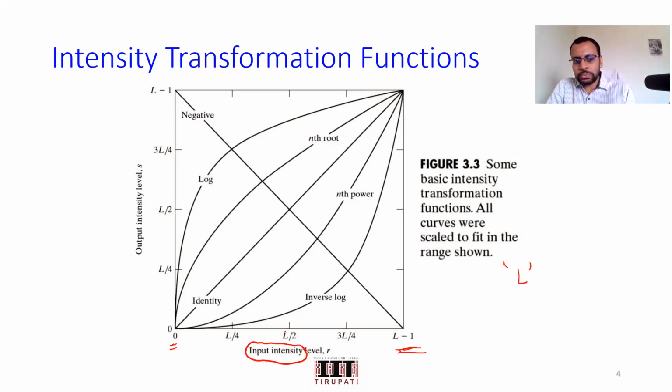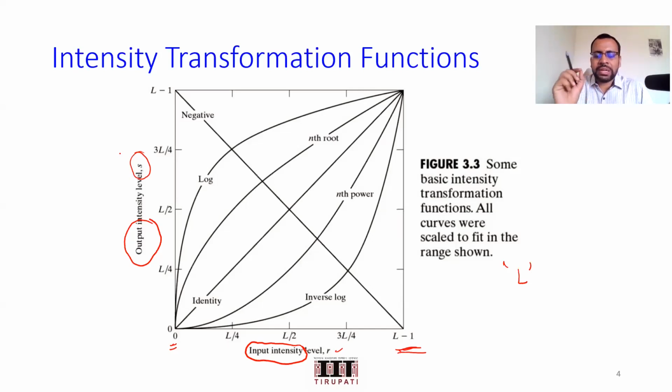You are going to map each of these intensity values to another intensity value, and this mapping is given by this graph. On the y-axis, you have the output intensity values. Let's call the input intensity value R, and for a given value of R, the output intensity we refer to as S.